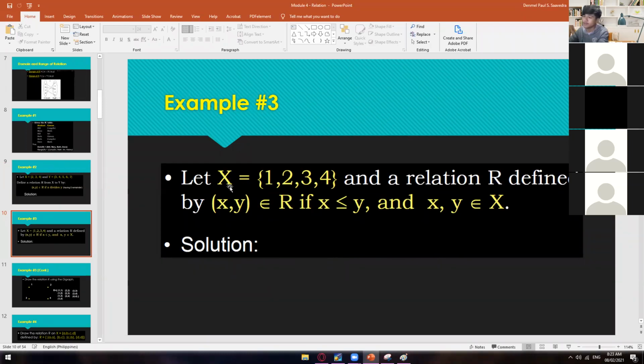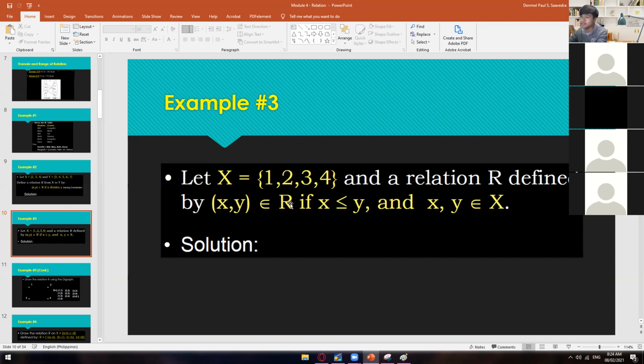So we have here set x, which has the elements 1, 2, 3, 4, and the relation is defined by xy, if x is less than or equal to y, and xy is an element of x.